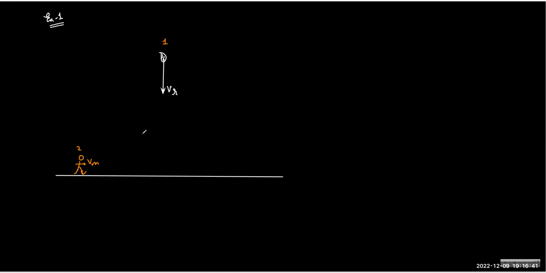What I want is, it will have velocity VM. So you can draw a big line representing VM. So I'm looking for VRM in vector form. What is VRM? Velocity of what? Of rain with respect to man.